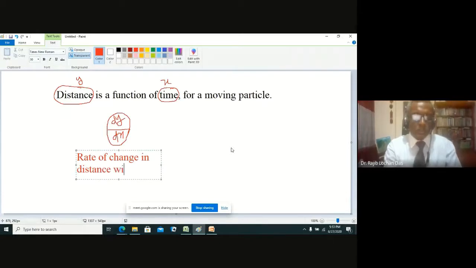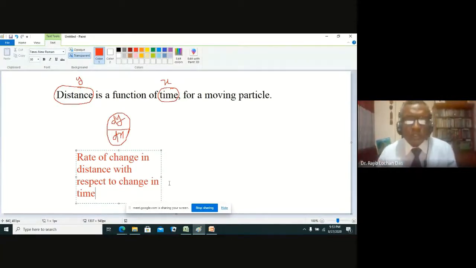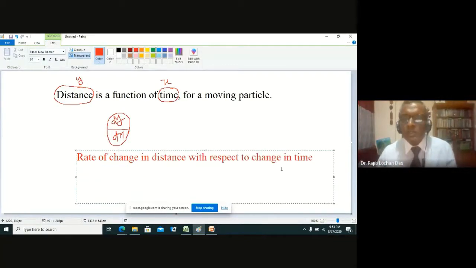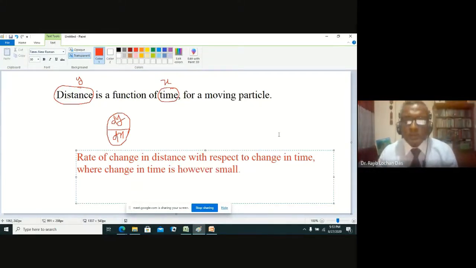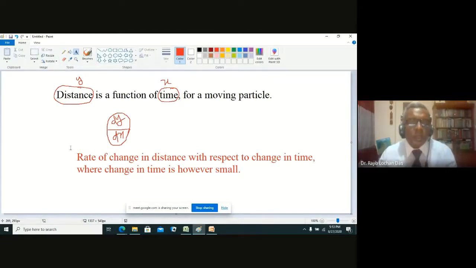There is a condition here: the change in time is however small. But the main idea is the first part. So this is the main point, and this is the understanding of dy/dx.